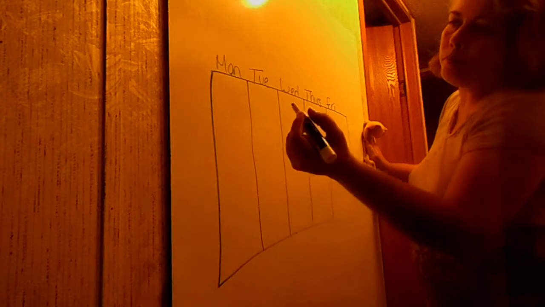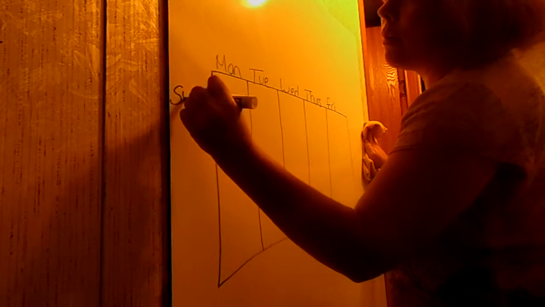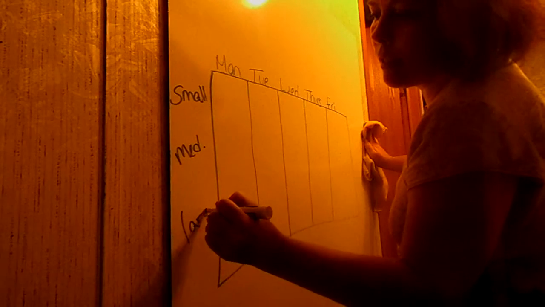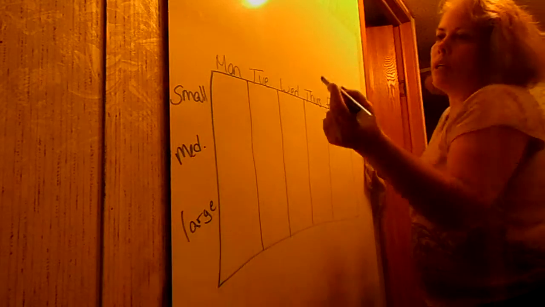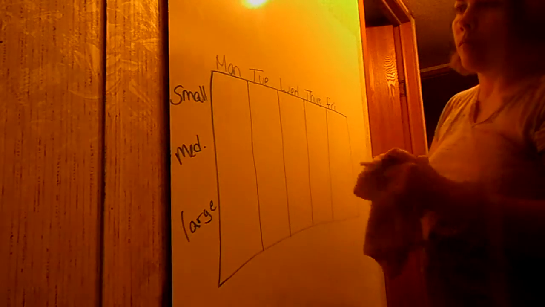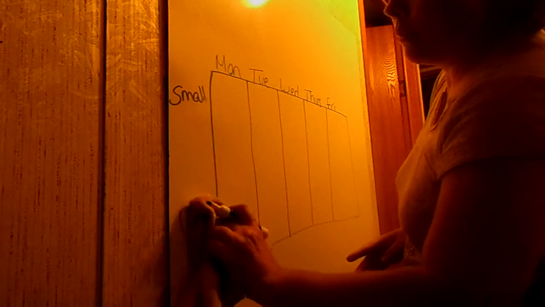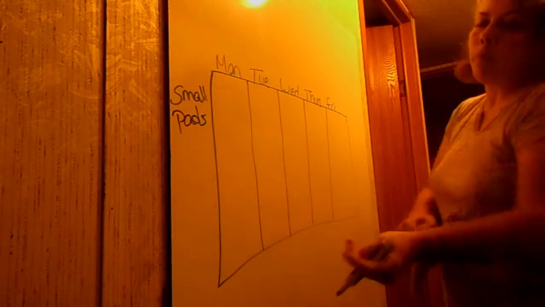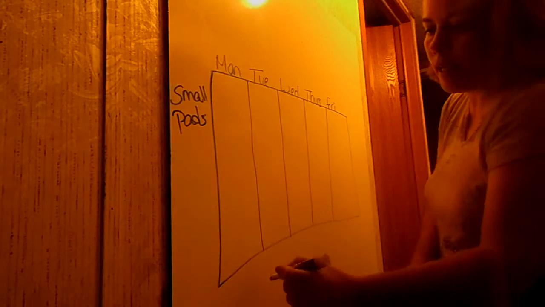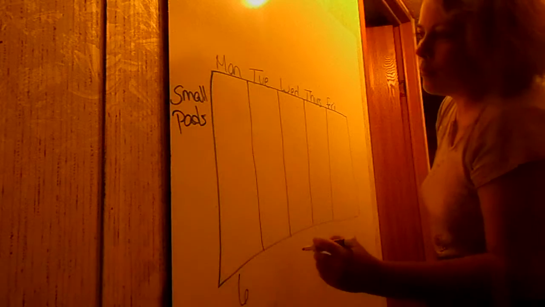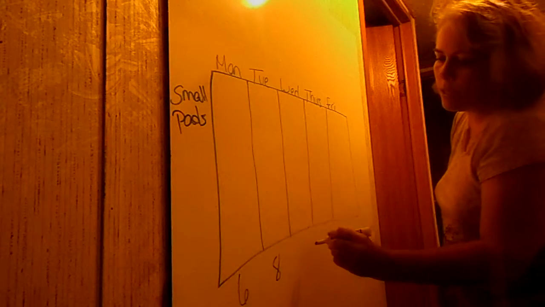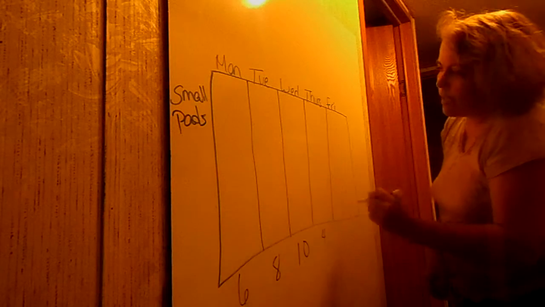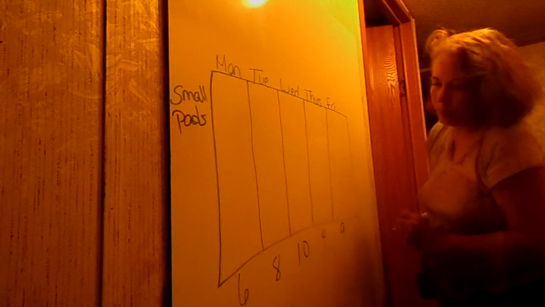So if we sold small, medium, and large pads again, and we know we sold 1 type of pad, small pads. But we want to know how many we sold each. So on Monday, we sold 6. Tuesday, we sold 8. Wednesday, we sold 10. Thursday, we sold 4. And Friday, we sold 9.